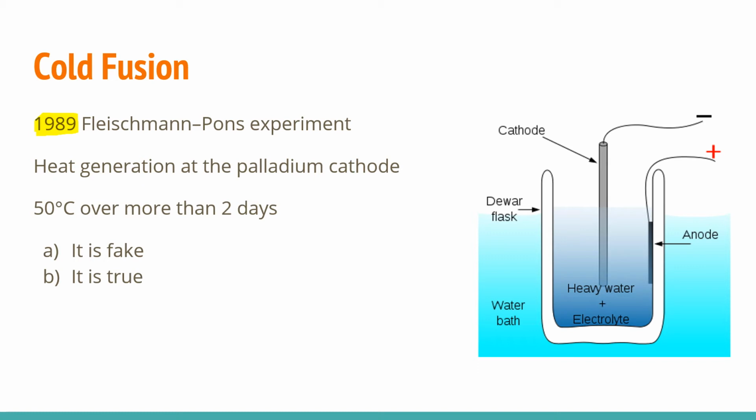And they did the experiment. And the thing was heated day by day with more than 50 degrees. But usually, if you have water, you can try that at home and put it in a dewar. After 2 days, it's not 50 degrees anymore, and the heat is going away.